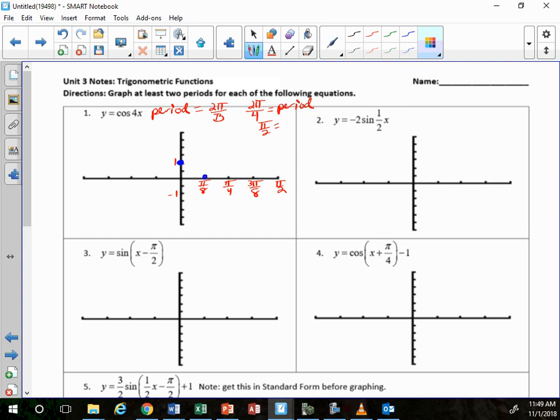And then it was 0, and then negative 1, then 0, and then positive 1. So I am seeing the entire graph by the time I get to pi over 2. It's like we just zoomed in on that first little section so that we can see the entire graph. Does it make sense how we're doing this?